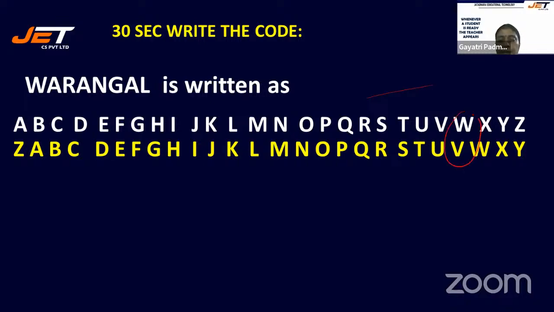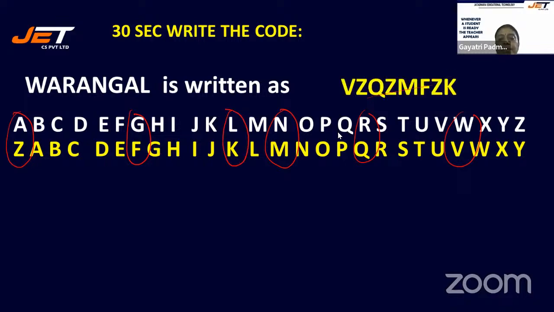W is V, A is Z, R is Q, again A is Z. Next you have N as M. Next you have G as F, A is Z again, L is K. So it goes like V, Z, Q, Z, M, F, Z, K.